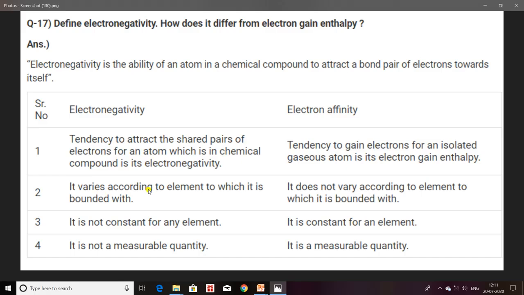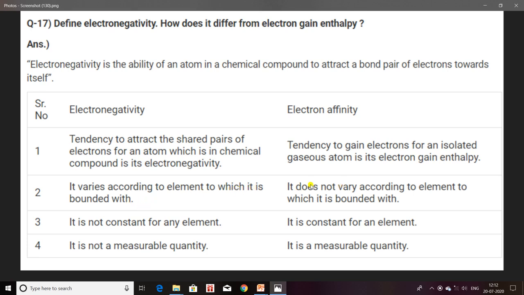Now, it varies according to the element to which it is bonded. For example, in the NH3 molecule, nitrogen is more electronegative and hydrogen is less electronegative. But in the NF3 molecule, fluorine is more electronegative and nitrogen is less electronegative. So it varies according to the element to which it is bonded.